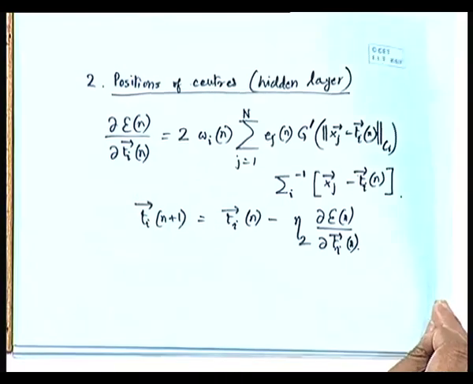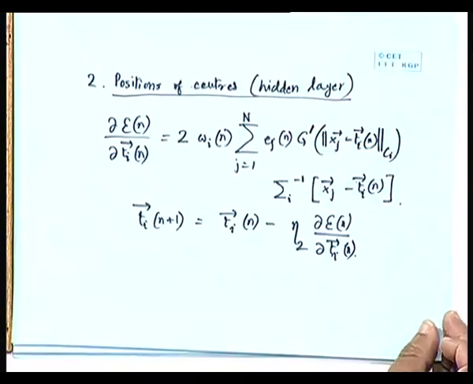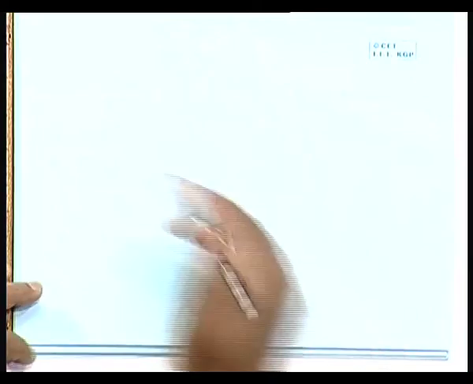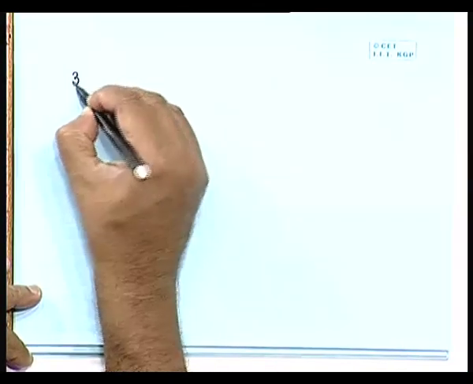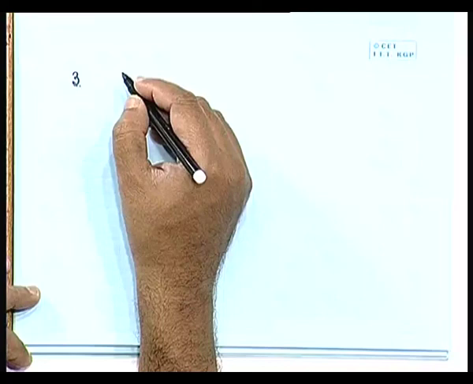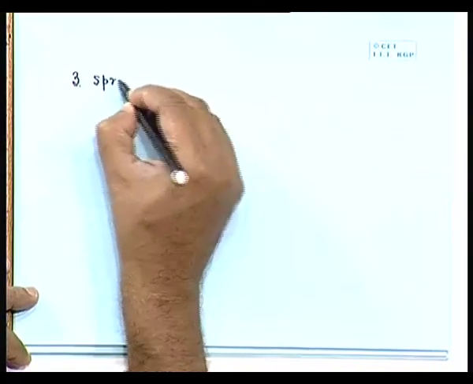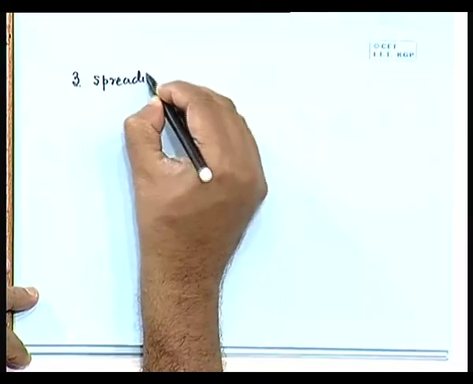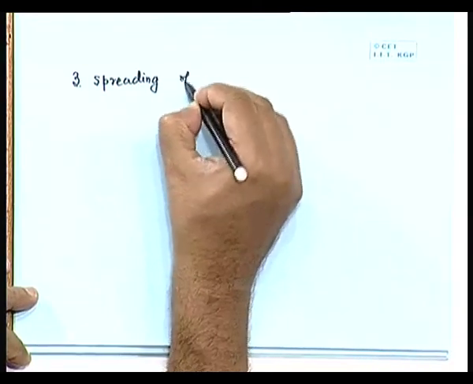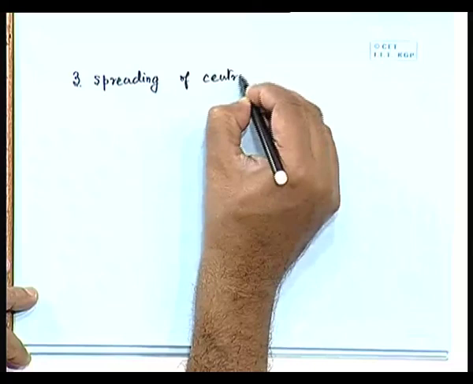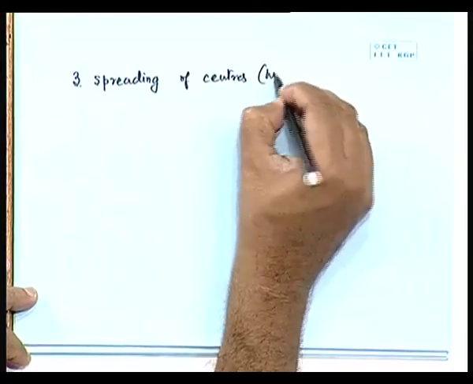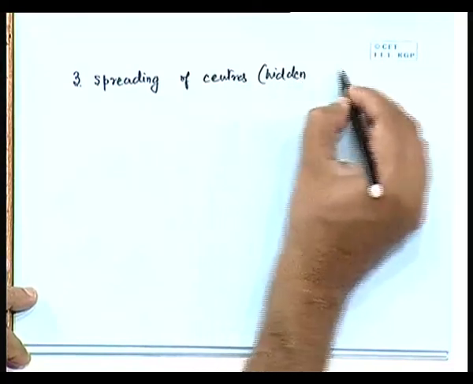So, if we do that, then we will be getting results of this nature. So, the third learning that is involved with this supervised selection of clusters is the spreading of centers. This also is to be done in the hidden layer.